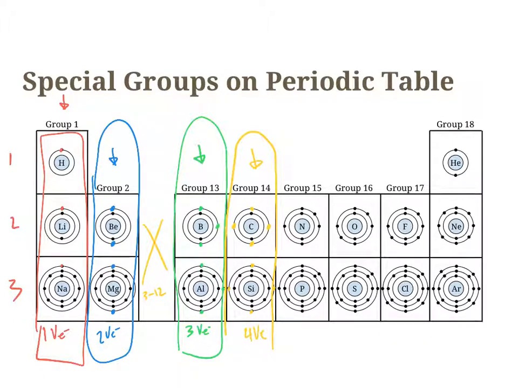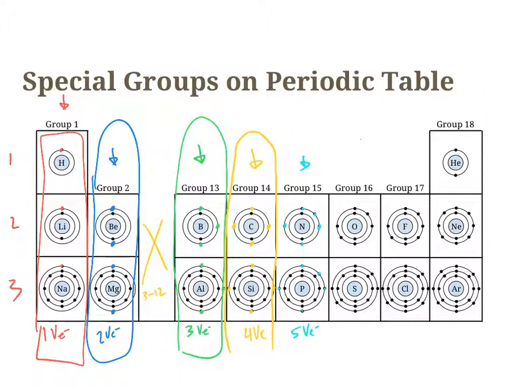Okay, and then group 15 will have 5 valence electrons.